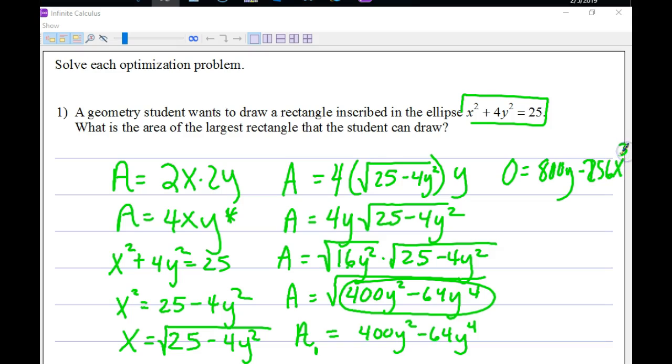X cubed. And then we solve for, wait a minute, shouldn't be an x, it's a y. Let me fix that. There we go. All right, let's go ahead and take out a y there. Probably take out more than that, but I'm just going to leave it like that.